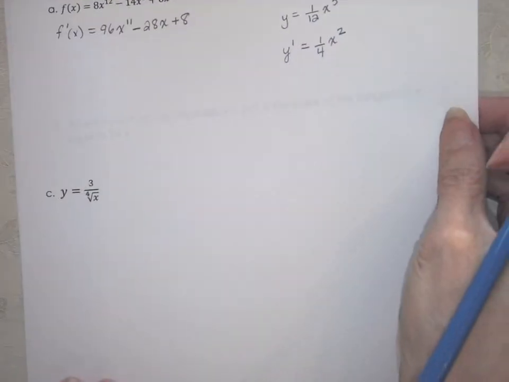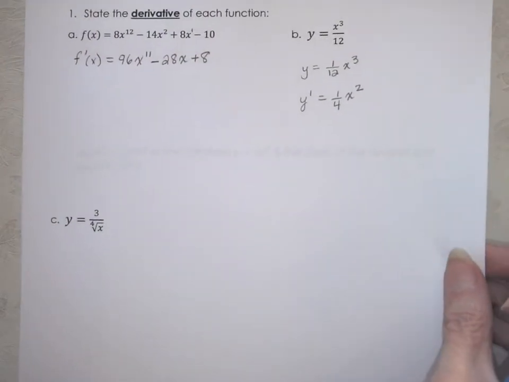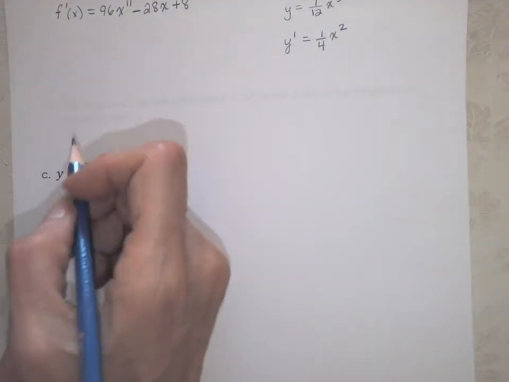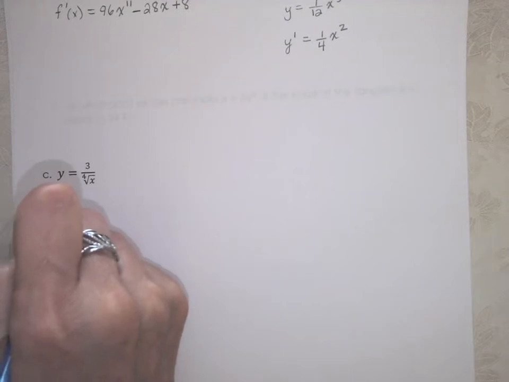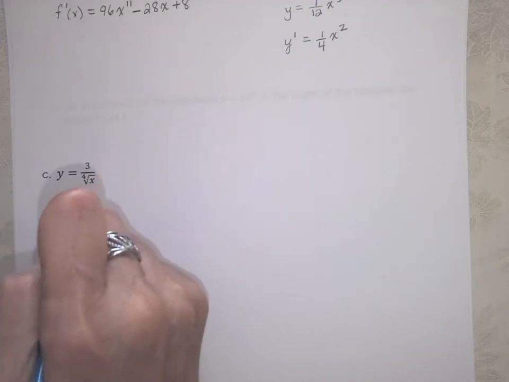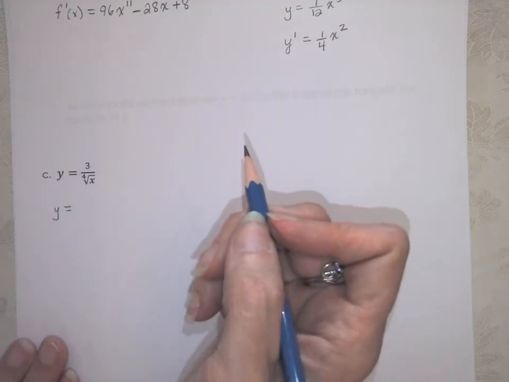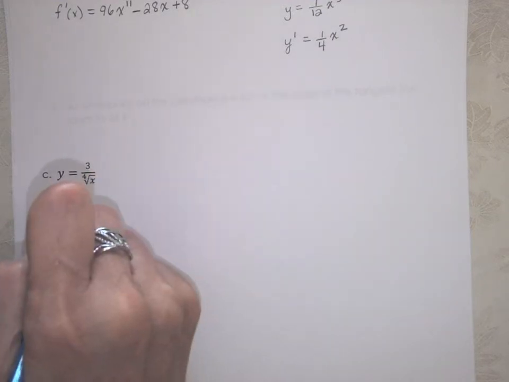And then the third one here, we definitely would want to rewrite in exponential form before we take the derivative. So I'm just going to rewrite y. It's really important that if we're just rewriting y in a different way, we still have y on the left side. Then I'm going to rewrite this using our exponent rules.